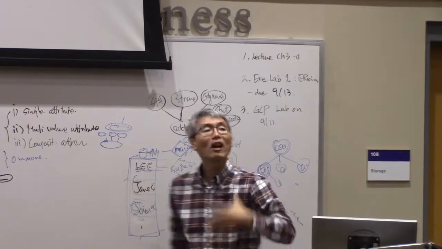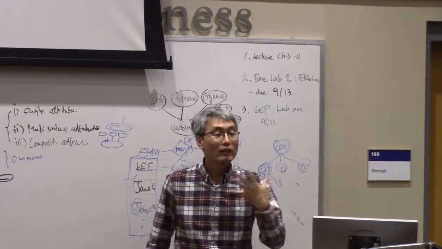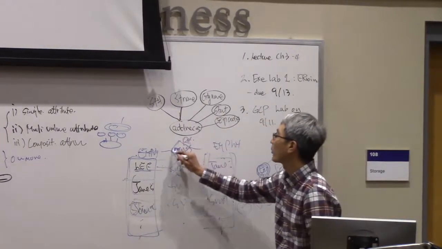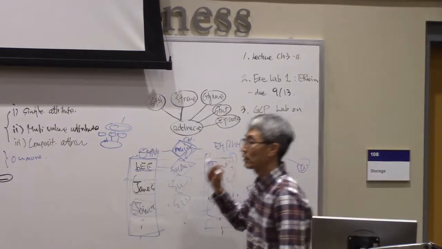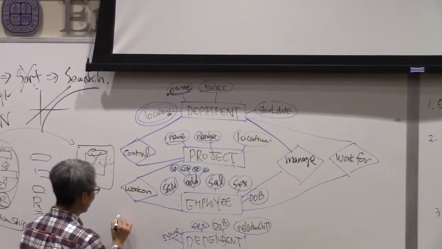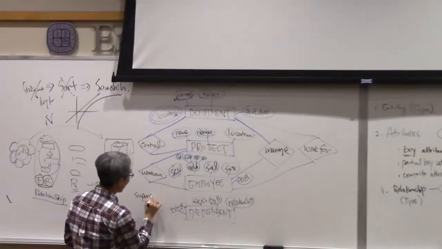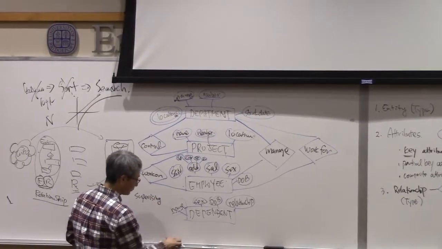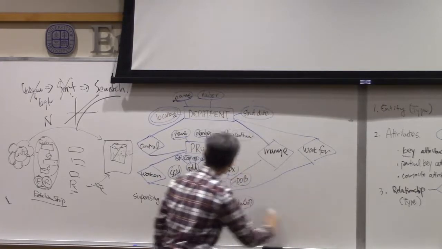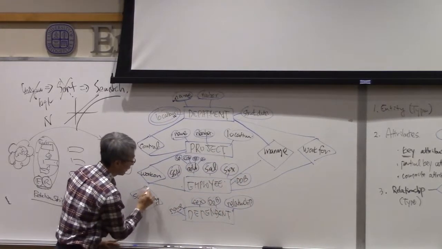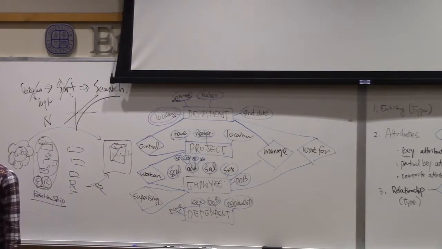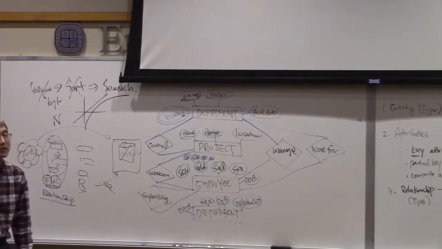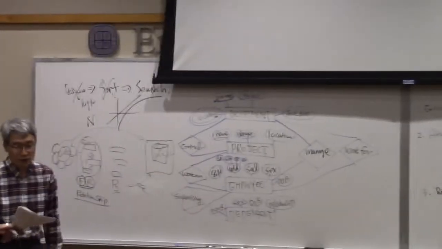This is called self-reference. So it is possible, even, to create a relationship for the same entity type. At that time, we can create here supervising, then an employee can supervise another employee. So this is also possible, a self-reference relationship.